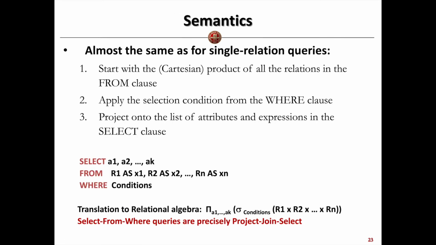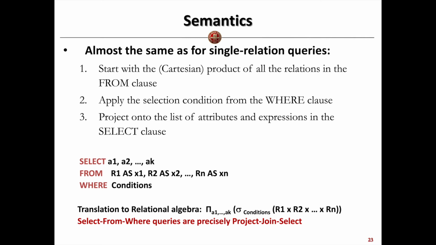For this multi-relation SQL query, the semantics is that we are working on multiple relations at the same time. We specify the conditions in the where clause, and we indicate the relations we are working on in the from clause. The select clause denotes the attributes we plan to project.